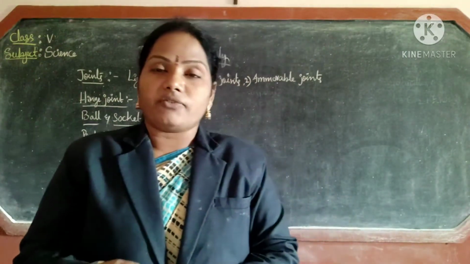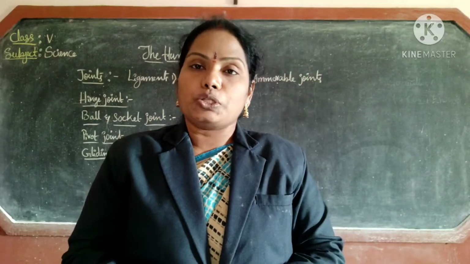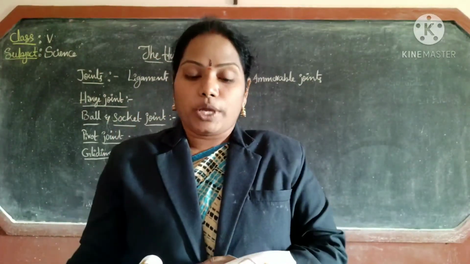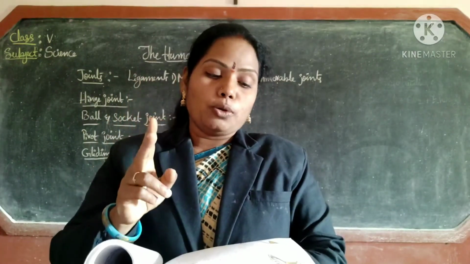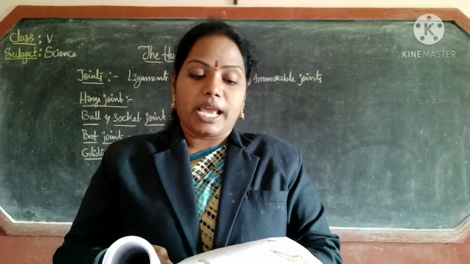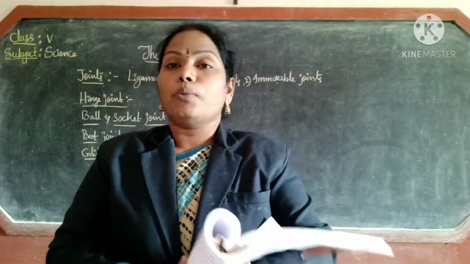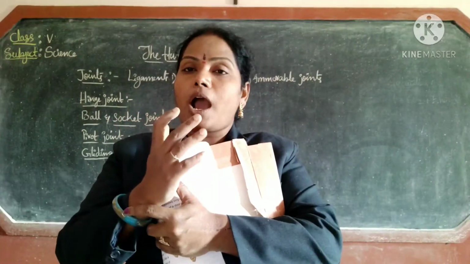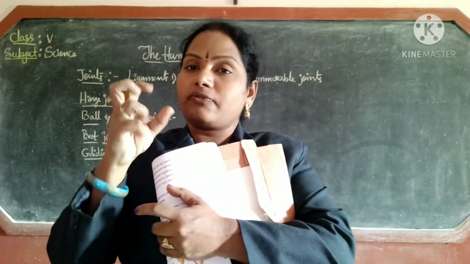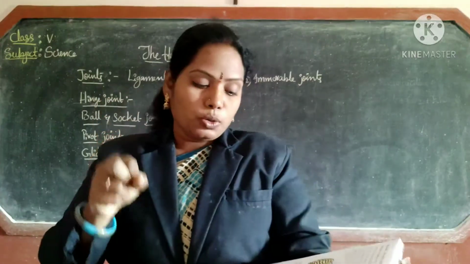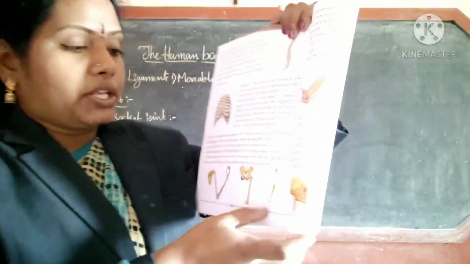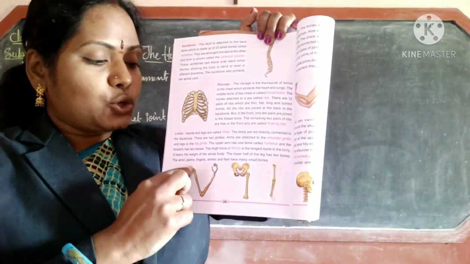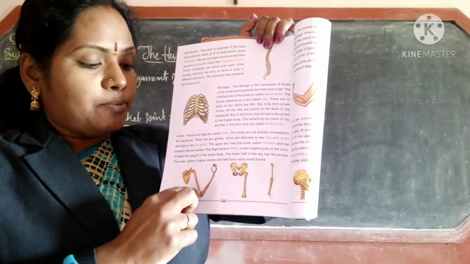The lower half of the legs has 2 bones. The lower arm also contains 2 bones. The wrist, palm, fingers, ankles and feet have many bones. You can see in this picture: this is the shoulder girdle, this is the arm bone.